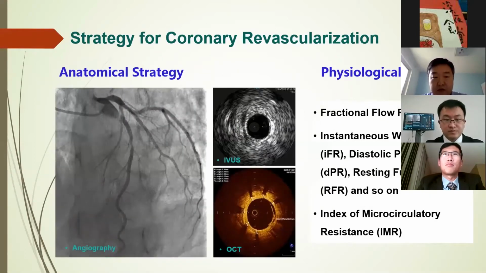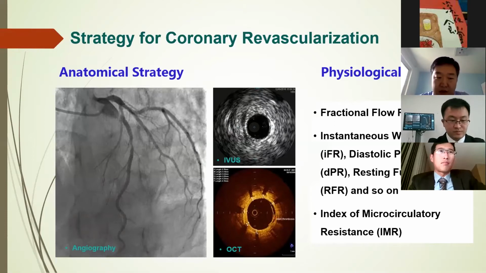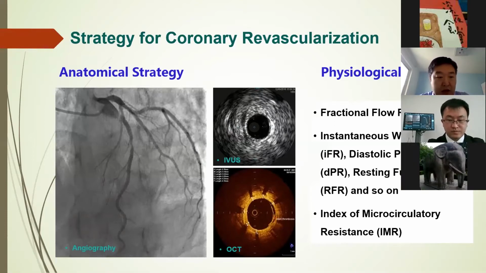First, let me introduce some background for the angiography and also the physiological strategy. In most of the cath labs in the world, many doctors determine whether to give the PCI strategy or not just based on the anatomy, that means from the coronary angiograms.